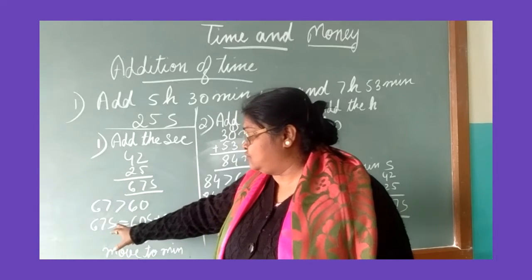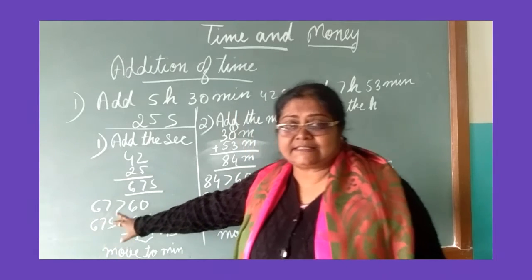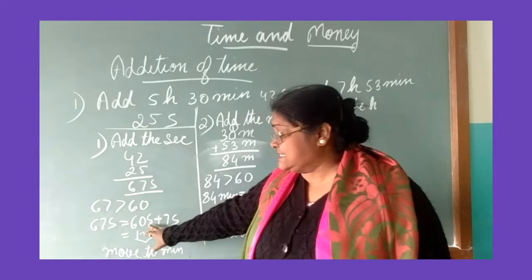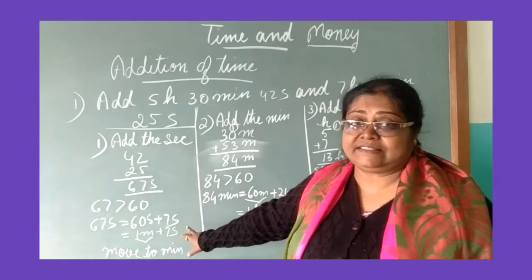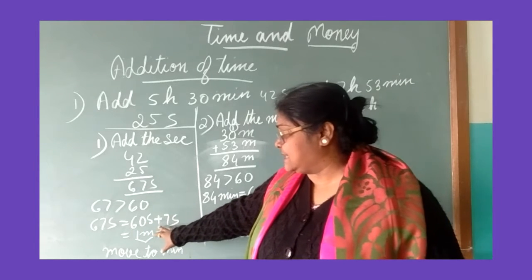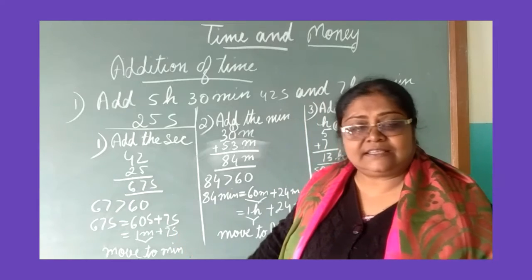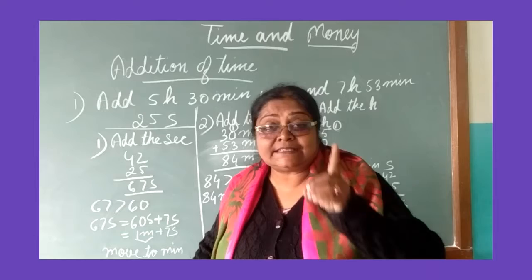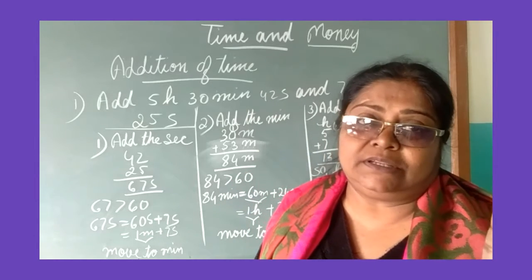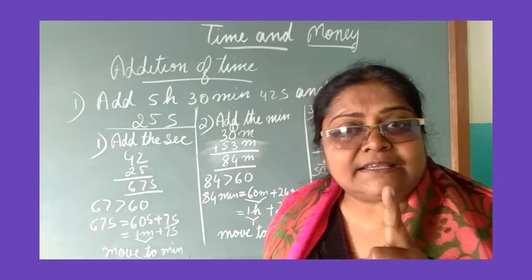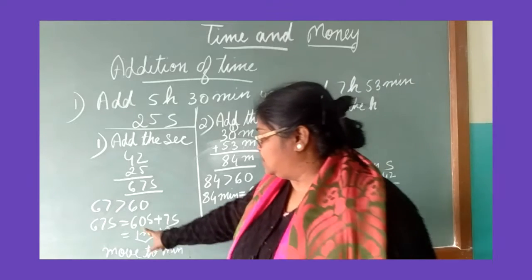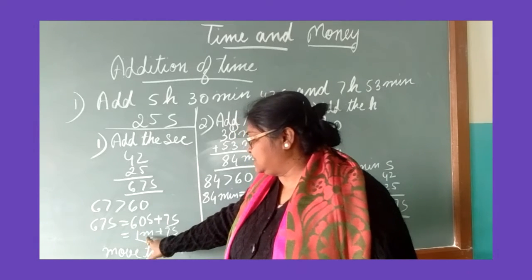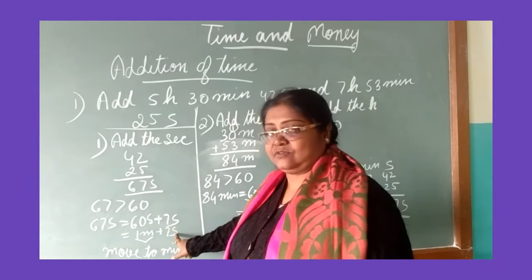So you have to break this 67 into 60 second plus 7 second. You know that 60 second equals 1 minute, yes? So you will write 1 minute plus 7 second, okay?